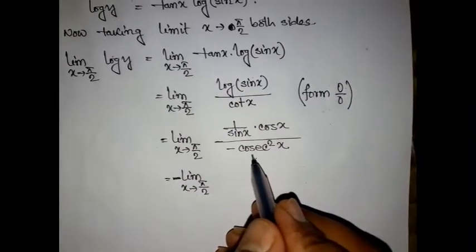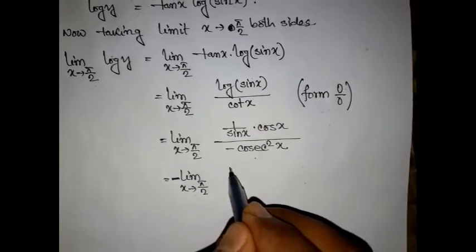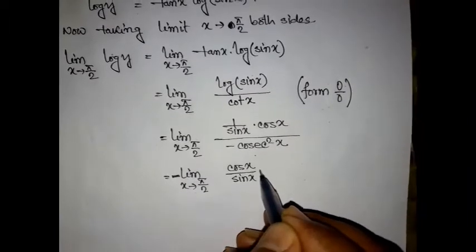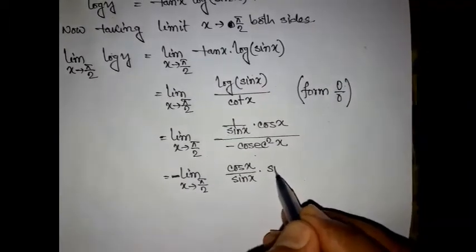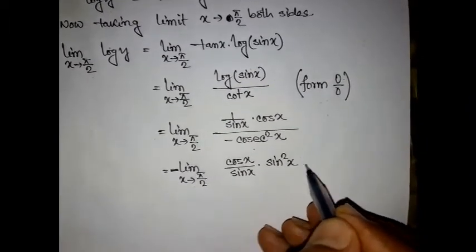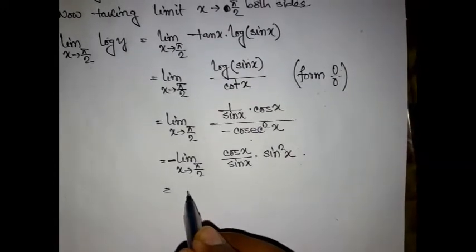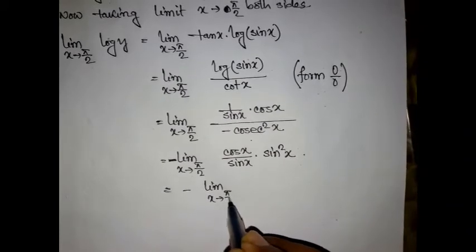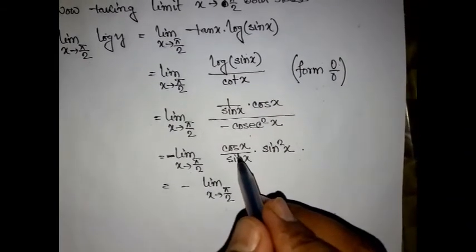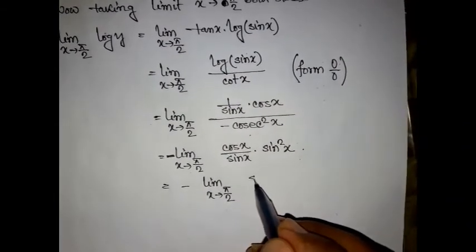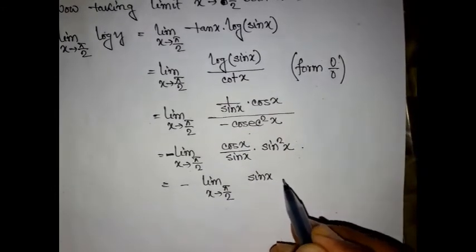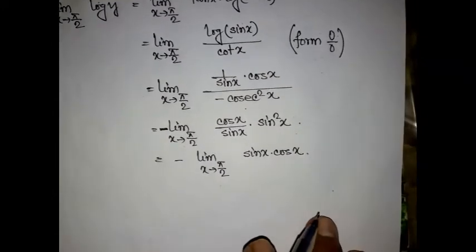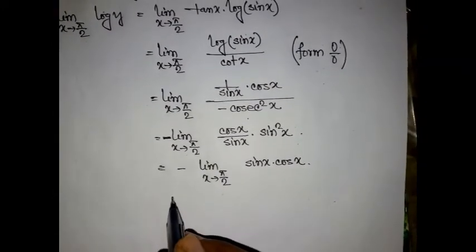And 1 by cosec square means sin square. So cos x by sin x was already there, into sin square. Very good. Implies minus limit x tends to pi by 2, one sin will be cancelled out, and finally you will get sin x into cos x.